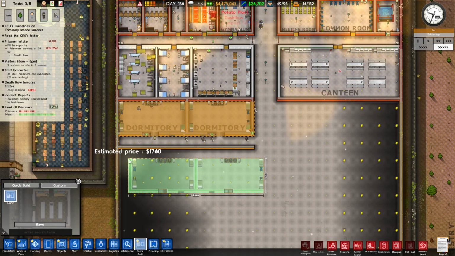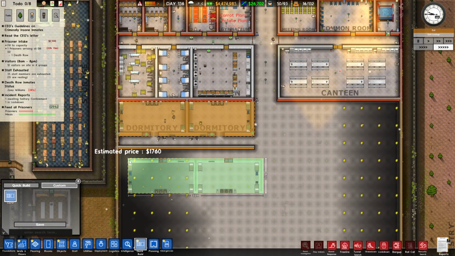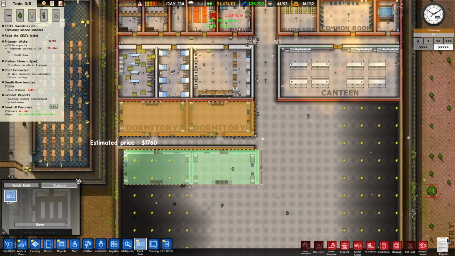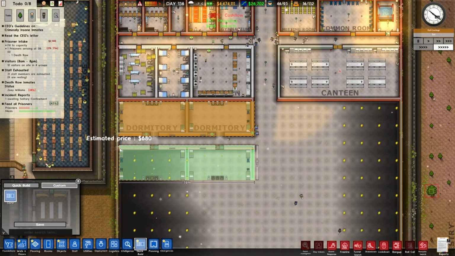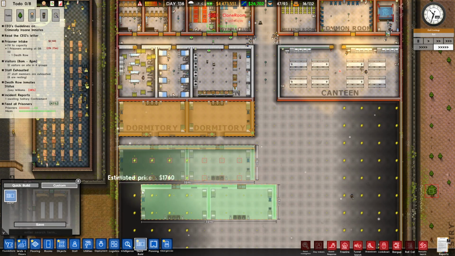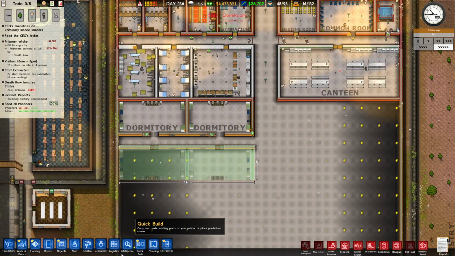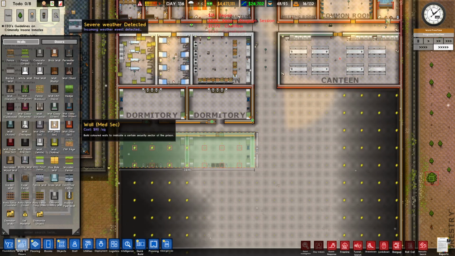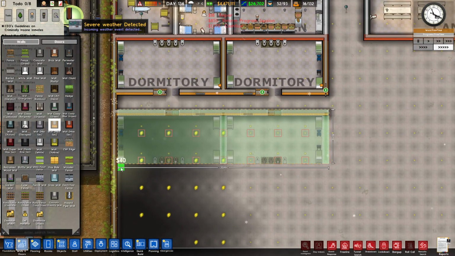It's flipping it the wrong way. Is that the way we want? Yep, that's the way we want. And then we can go to walls and floors and doors and put in that wall.